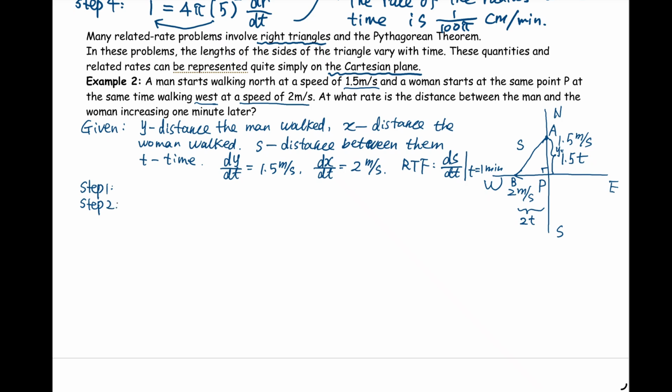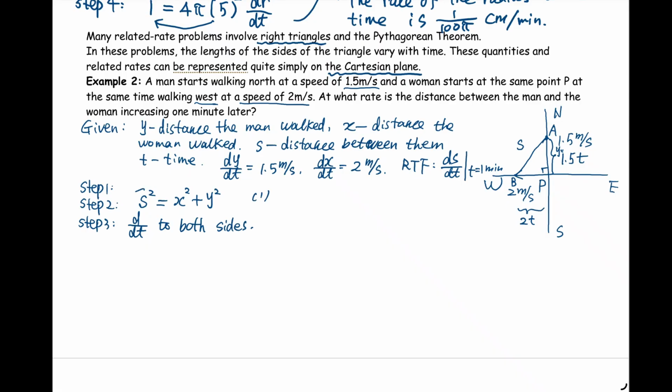So this is a right angle triangle, so hypotenuse s squared equals the other two sides, x squared plus y squared. Then step 3, we are going to take the derivative with respect to time of both sides, and keep in mind that x and y are functions of t.